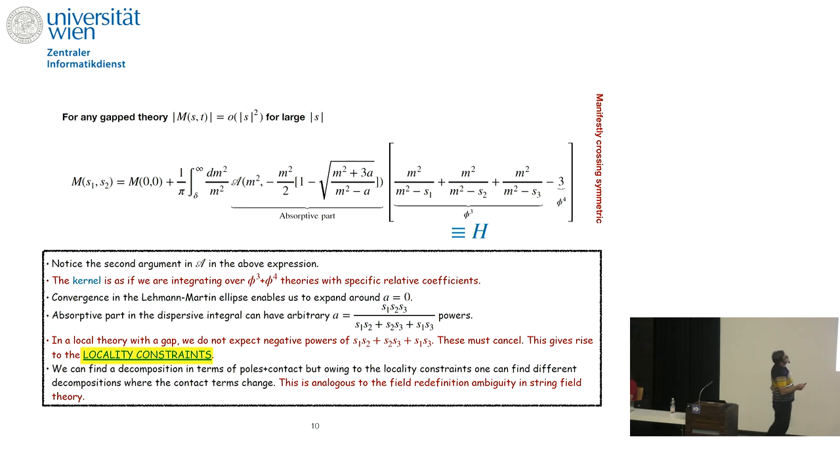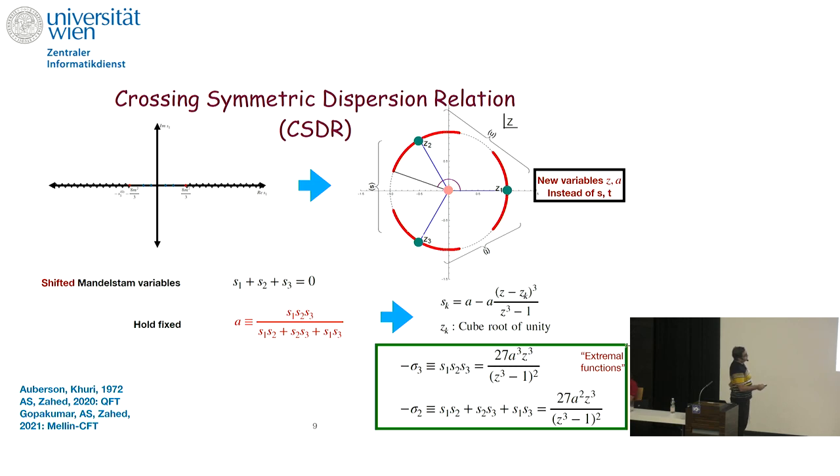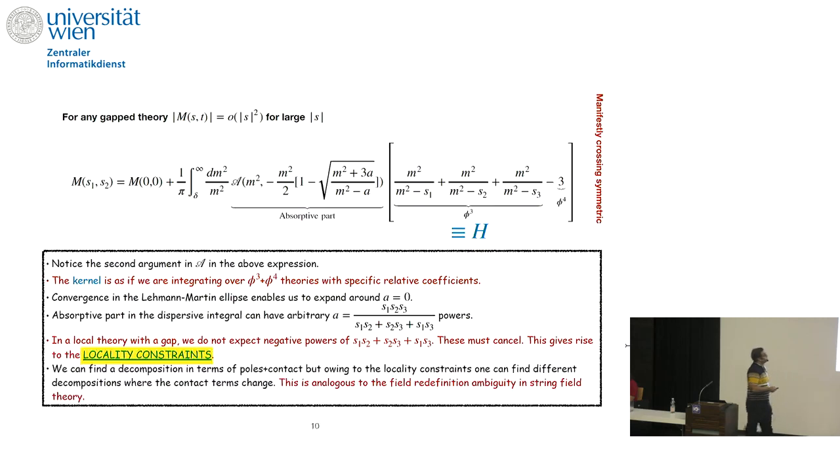One thing to note is that if you were thinking about the fixed T dispersion relation, you would expect to see T here, but rather we have this somewhat complicated looking object. The reason is that when you plug this equation inside here, you get a quadratic equation for S2, which has 2 roots, and because you have manifest crossing symmetry, you can use any of the roots. So that is why you have this form.